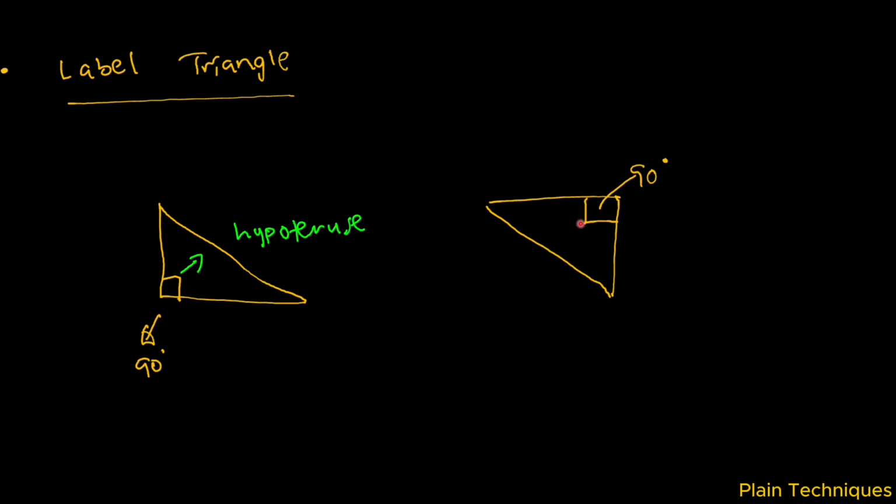This is my 90 degrees and it's pointing in this direction. What does it mean? This means that this is now my hypotenuse. I'm going to call this my hypotenuse. Now take a moment, and tell me which one will be your hypotenuse if you have this.